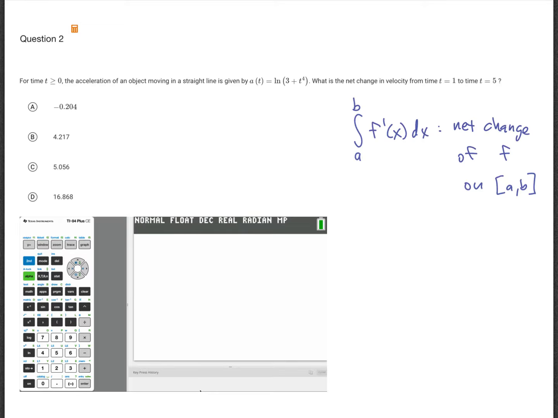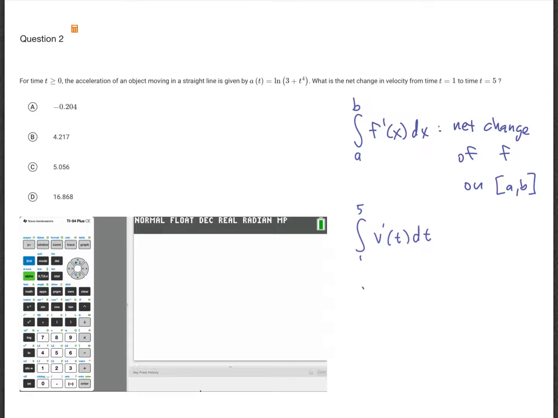So here they want to know what's the net change in velocity from 1 to 5. That means we want to do from 1 to 5 of the derivative of velocity. Okay, but that's just acceleration, and so that's our function that we'll put in there.